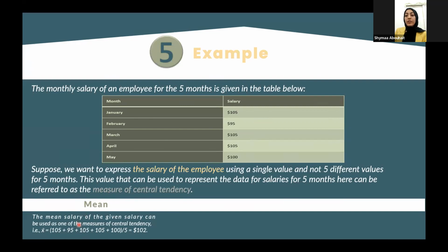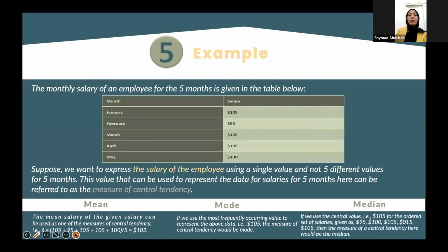Moving on, let's try to find out the mode, which is clearly 105, since it's the most occurring value in this set of values. And finally, finding out what the median is. It is the central value, which is in this case, again, $105.